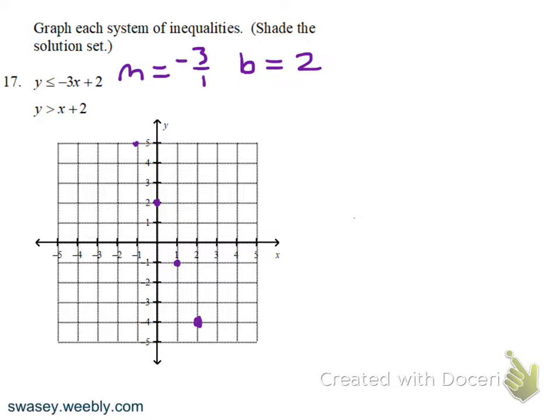This one will be a solid line. For the second one, we have a slope of 1/1, y-intercept of 2. So put a point at 2 and then go up 1 to the right 1. Now it's going to be a dashed line on this one.